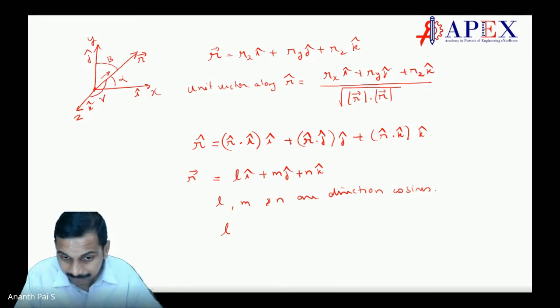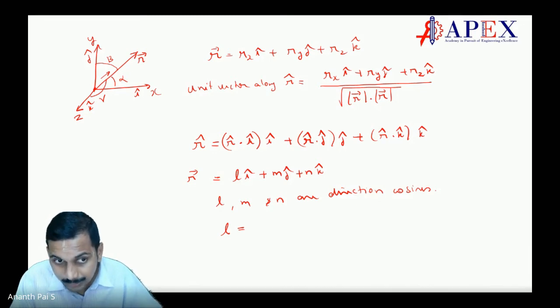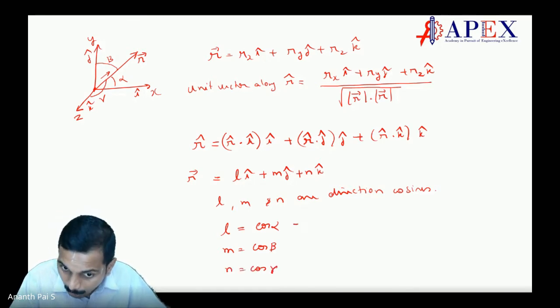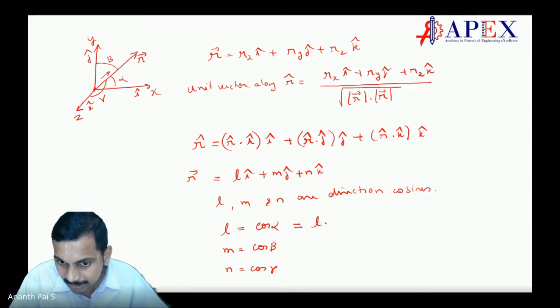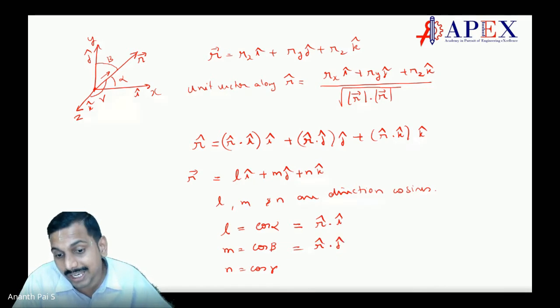Then L is equal to cos alpha, M is equal to cos beta, and N is equal to cos gamma, which is also equal to R cap dotted with i cap, R cap dotted with j cap, and R cap dotted with k cap.